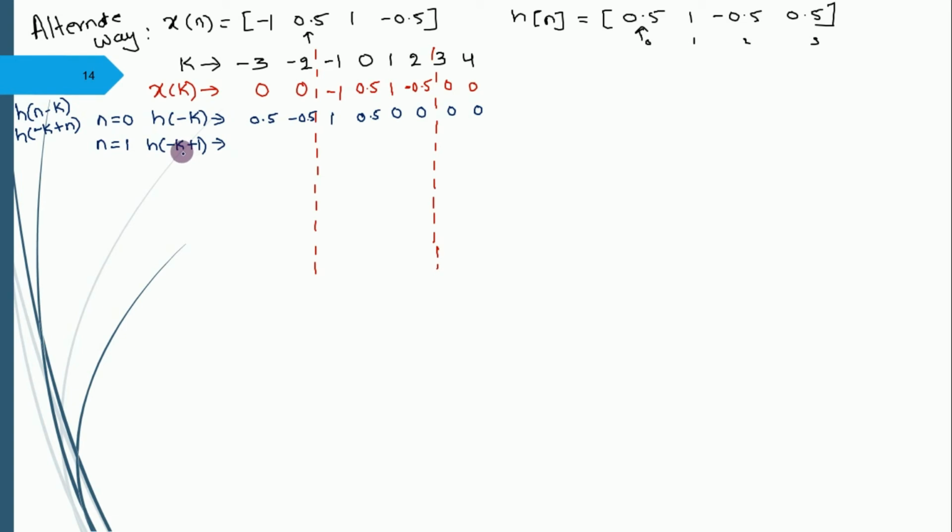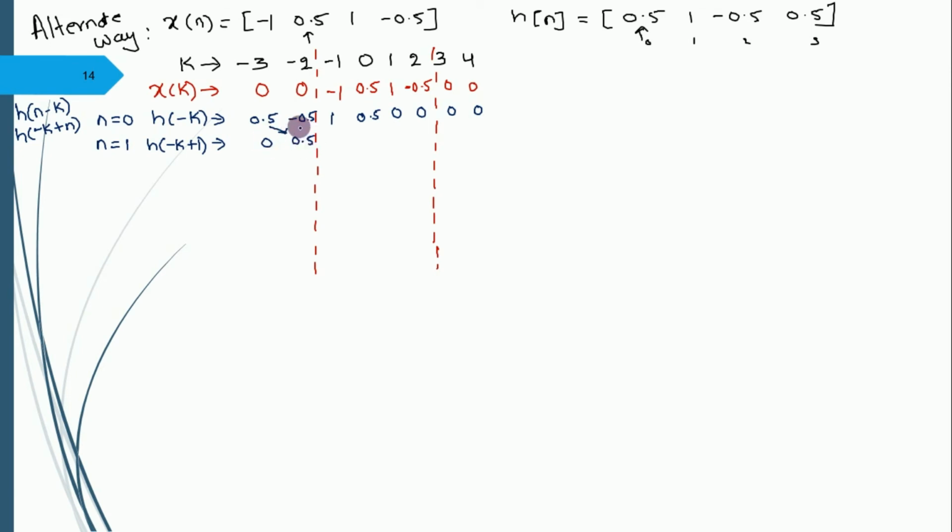Actually, according to the precedence rule, first we need to shift it and then reflect it. But here we have reflected it already. Hence, we are just doing the nullifying effect by shifting it to the right whenever I'm having plus 1 here. Okay, so if I shift it on the right, what happens? This 0.5 will occupy this place.